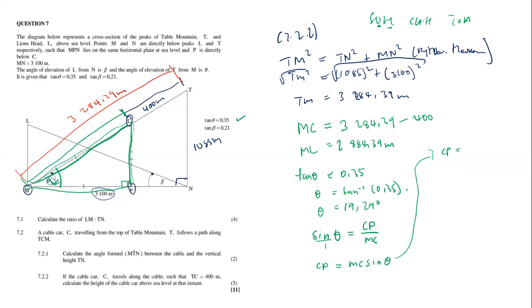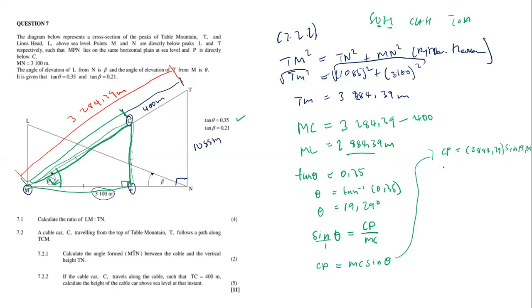MC, we got MC to be equal to this magnitude over here, which is 2,884.39, multiplied by sine theta. We just figured that theta is equal to 19.29 degrees. And therefore, CP will be equal to how much?